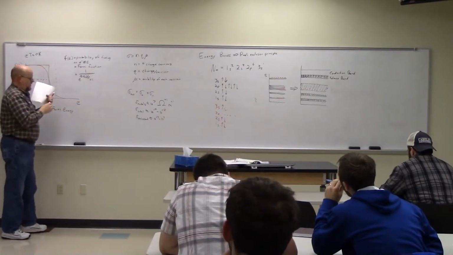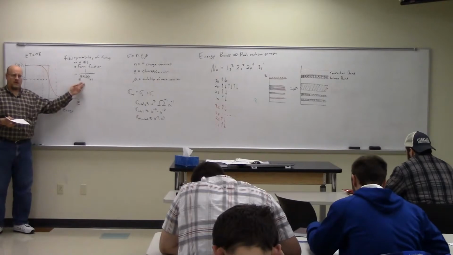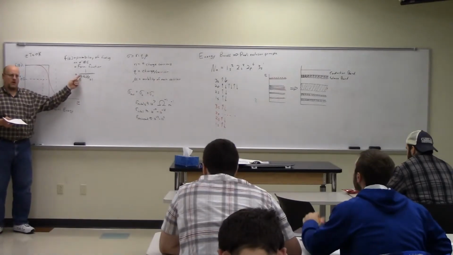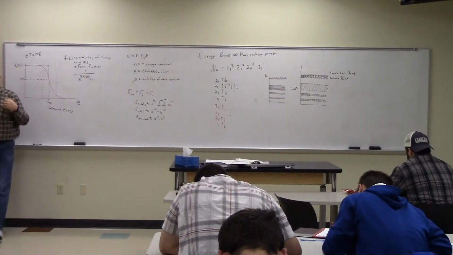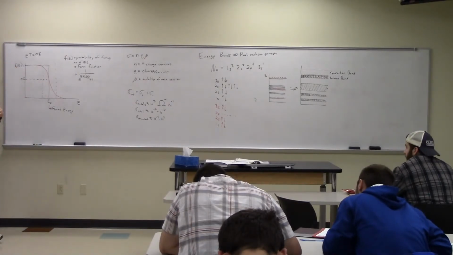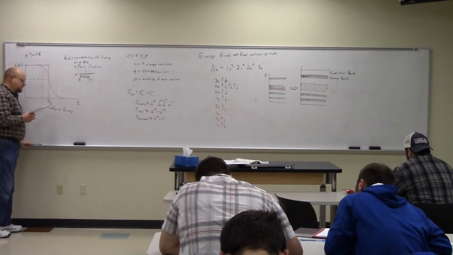So it has this Arrhenius behavior embedded in it. You remember the Arrhenius behavior? Some energy barrier divided by kT or RT, depending on whether you're doing it by individual atom or in moles.